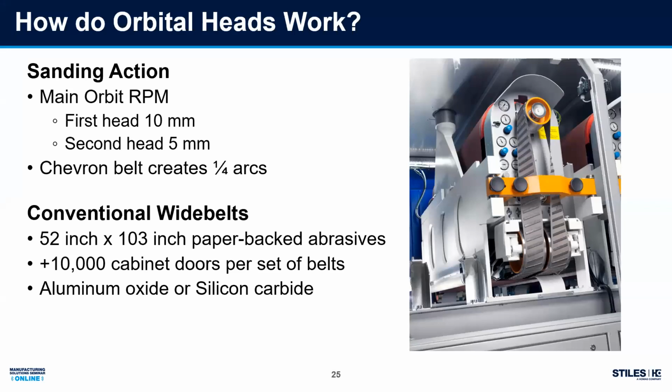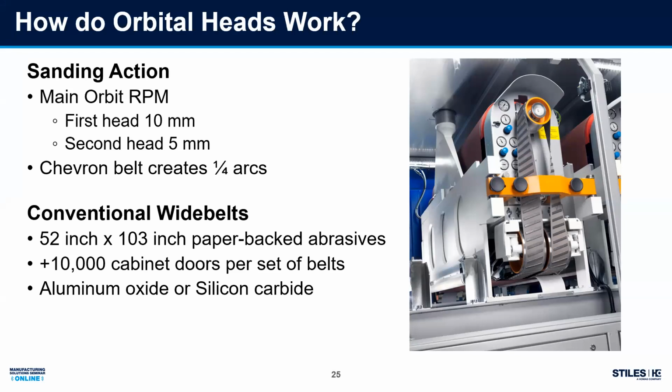Another advantage of this type of machine is it uses standard size belts, 52 by 103 inch paper-backed abrasive belts. This is one of the most economical belts on the marketplace. And again, you have such a large surface area. That's how we can get 10,000 plus cabinet doors through one of these machines without even changing the belts. That's pretty amazing.